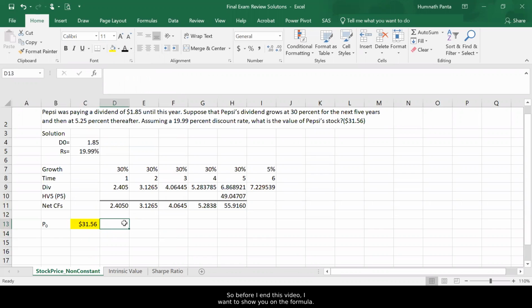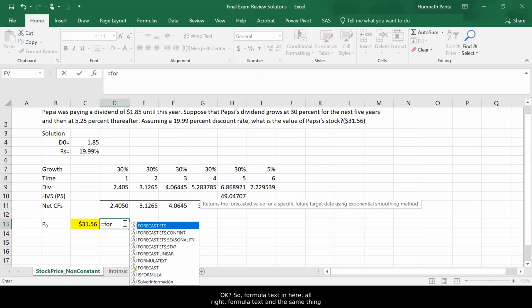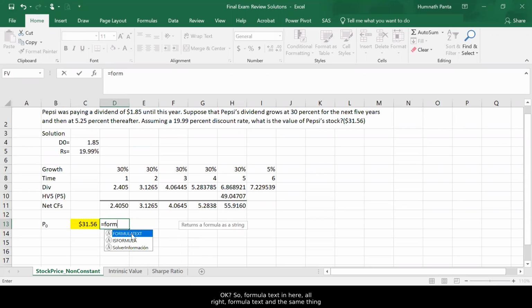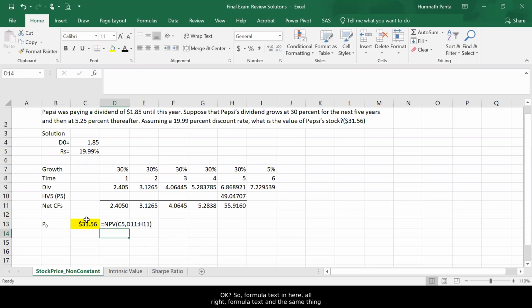Before I end this video, I want to show you the formulas. Here is the formula text, and the same thing for this one, and for this one.